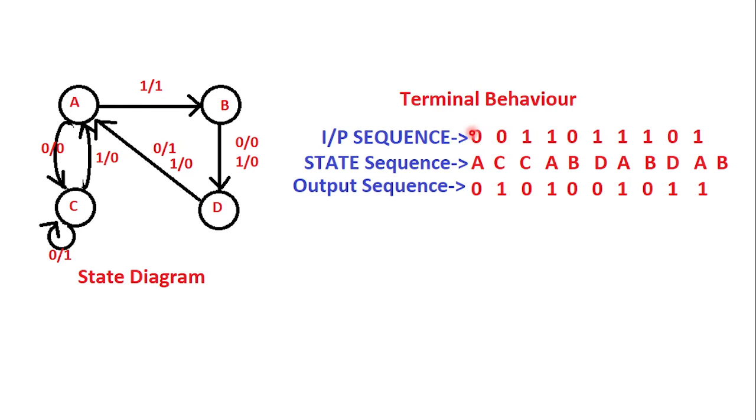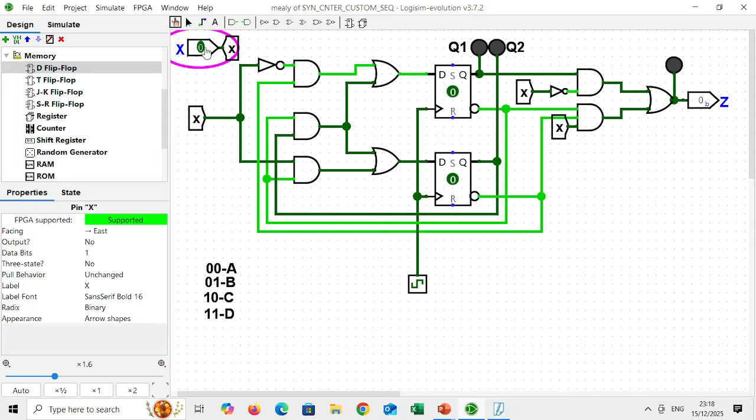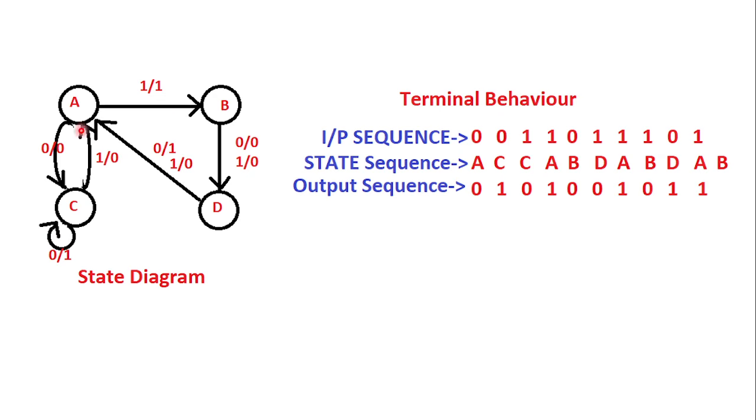The input applied is 0. The expected output is 0. Observe that. The input applied is 0, the expected output is 0. As per the state diagram, it refers to the same thing. In the A state, when the input is 0, the output is 0.